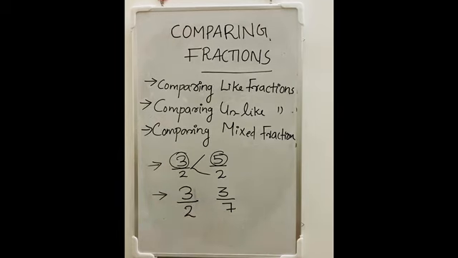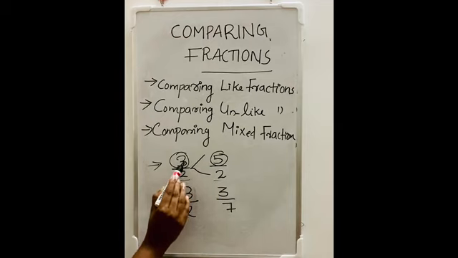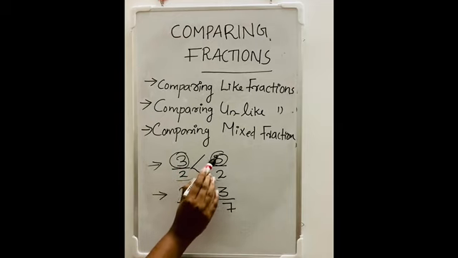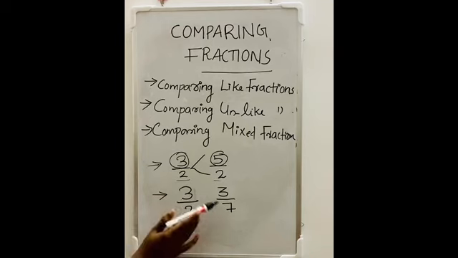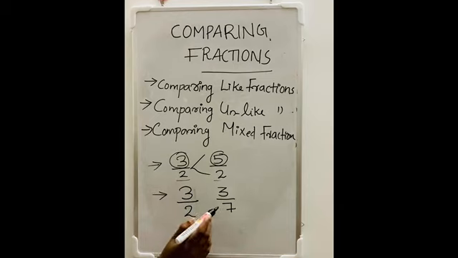So you just look at the denominator, and the fraction with the lowest denominator will be greater, just opposite to the earlier case. If the denominator is the same, look at the numerator and the greatest numerator wins. If the numerator is the same, look at the denominator and the lowest denominator wins. So in this case, 3 by 2 is greater than 3 by 7.